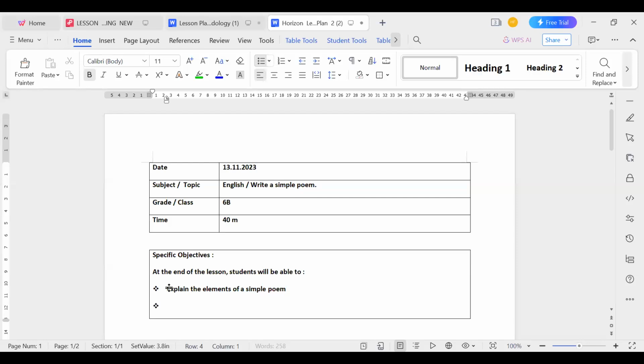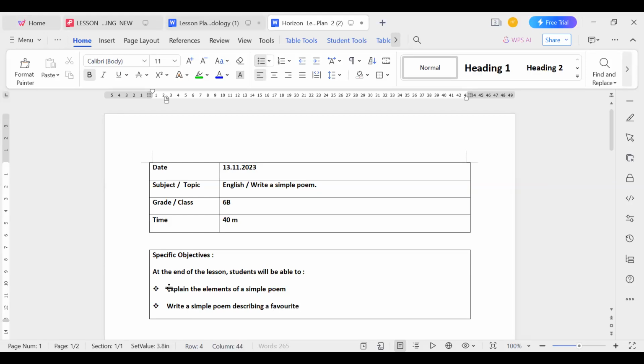Then the second one, create a, write a simple poem describing a favorite person.